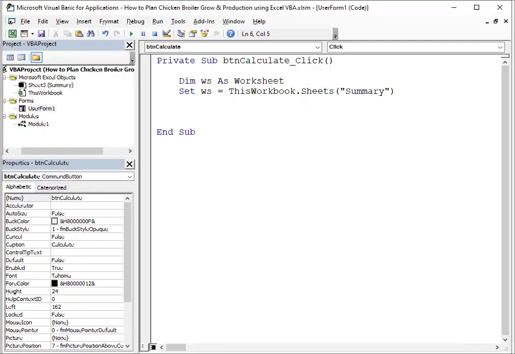Then we're going to declare other variables, and this one would be to get values from the form.